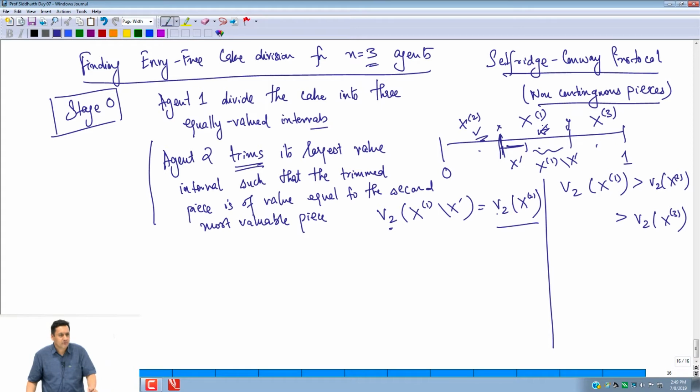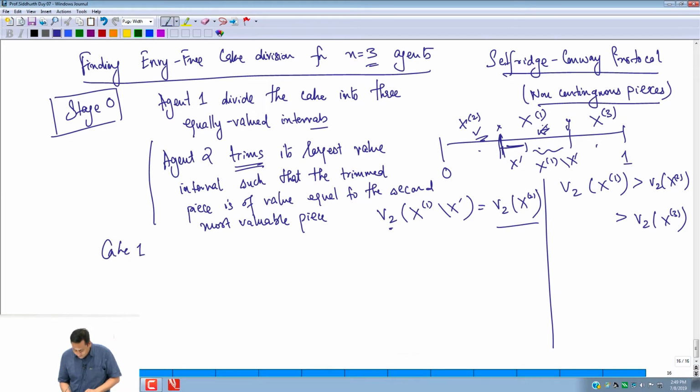Something called free disposal, and again, if time permits, we'll circle back to it. That in certain cases, we can suffer some of this. But for the time being, the idea is you find x prime, make these equal, and reduce to the nice case that you had. And in particular, what you do is you now look at two cakes.